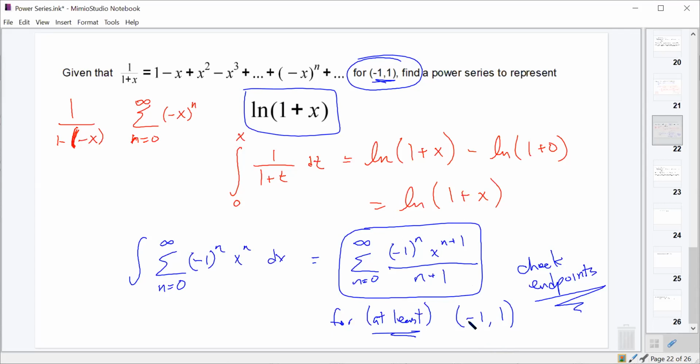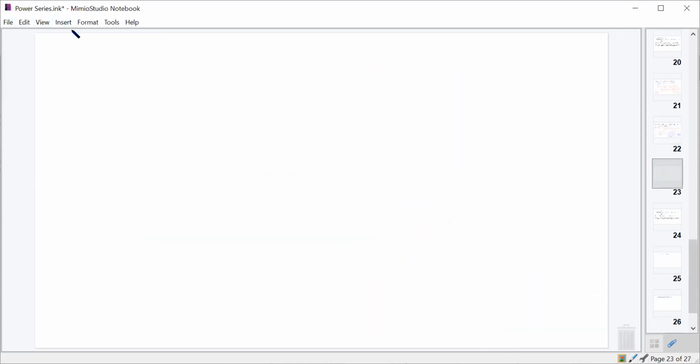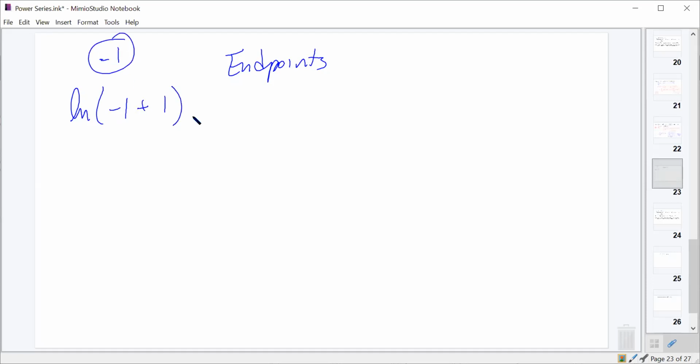So if we were to plug in -1 to our function, and I'm going to do this on the next page, we're going to talk about our endpoints here. Natural log of -1, and we're talking about the endpoint -1 over here. Natural log of -1 plus 1, does that exist?